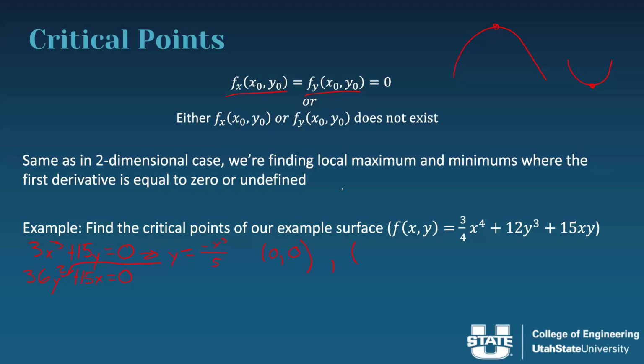It's going to be about negative 1.598 and 0.816. In reality, there are some square roots in there, and it's pretty gross, but we can approximate. That's what we're here to do as engineers. And so these are our critical points.